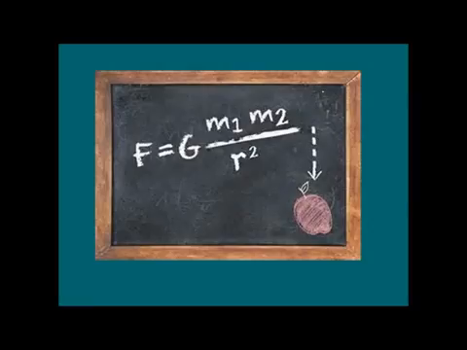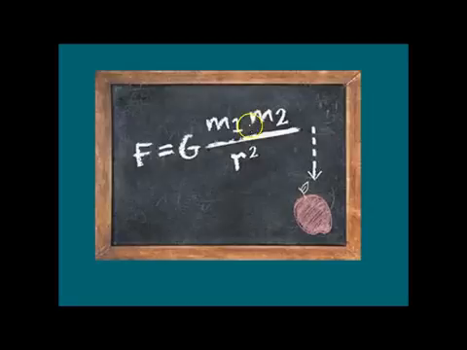So here we can see again the equation, that is F is equal to G m1 m2 by r square. This G, as I told you, is the gravitational constant, not only gravitational constant, universal gravitational constant, and m1 and m2 are nothing but the masses of the two bodies, isn't it?